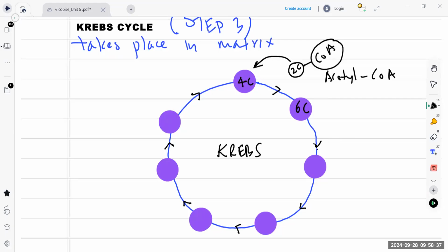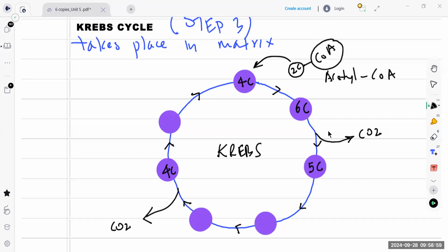Here you will see one carbon released as carbon dioxide, so it makes a 5-carbon compound. In another place, another carbon dioxide is released to make the 4-carbon compound.